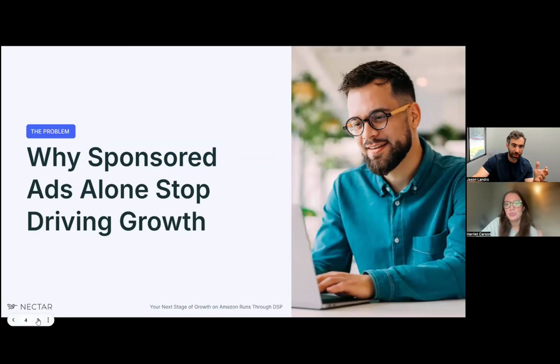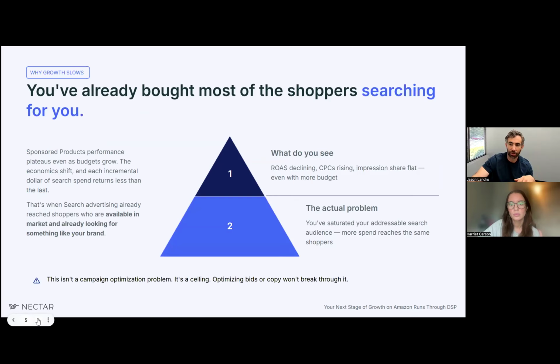So diving into that first topic, why sponsored ads alone stop driving growth? This is one of the most important concepts that we will cover today. One of the biggest misconceptions that we see is that when sponsored ads start slowing down, brands assume that something's wrong.